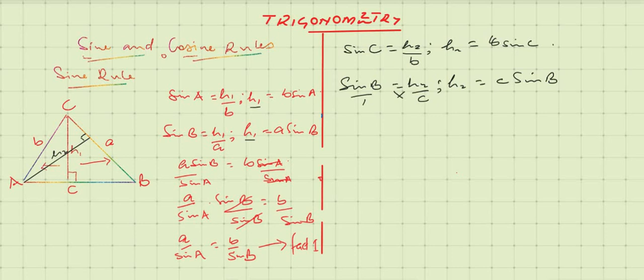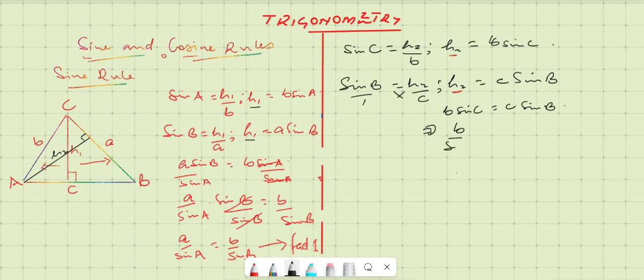Once again, if H2 is this, and again H2 is this, the simple implication is that, because this is the same H2, b sine C is equal to c sine B. Likewise, like we did earlier, you will see that b over sine B equals c over sine C. You can call this another fact, and let us call it fact 2.